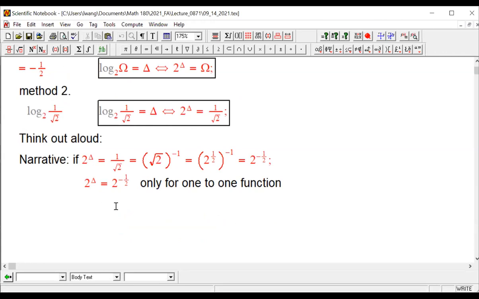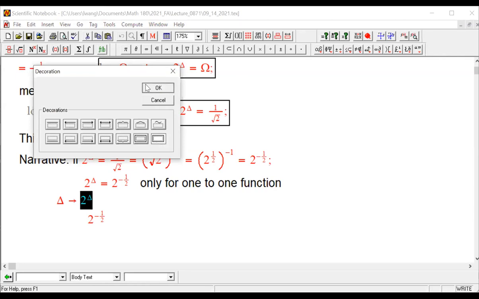Okay, so let me explain to you the meaning of 2 to the power of this triangle, versus this guy, 2 to the power of -1/2. Fundamentally, in this case, the triangle is the input, and 2 to the power triangle is the rule.